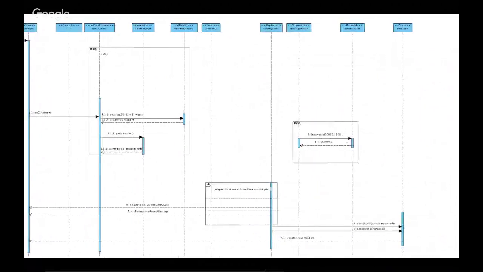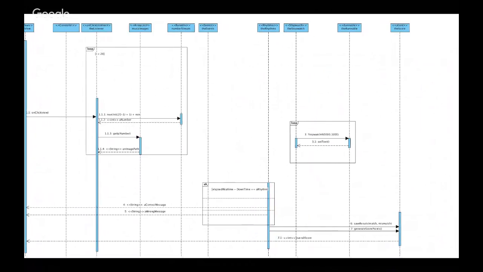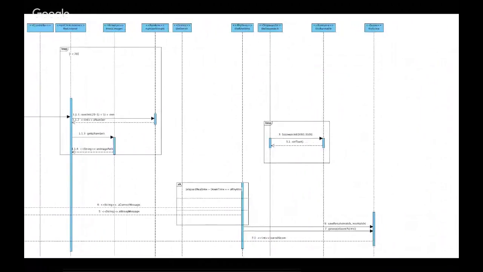And this is a loop. So you create a loop using this square shape, and this is loop. And this alt here, it's for like an if statement. If statements are down this way inside an alt shape.